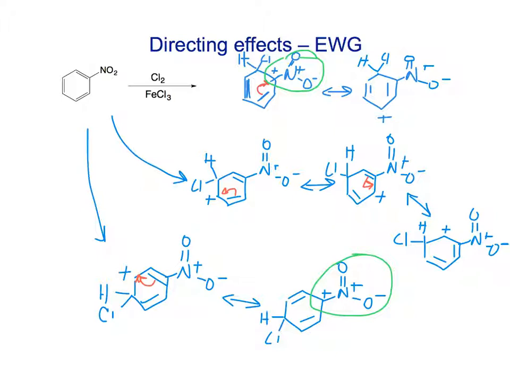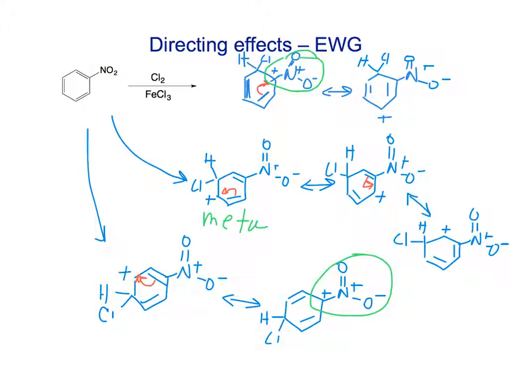group. And so in this case, for the electron withdrawing groups, it's not that we're going to look at specific resonance forms and say, oh, that one's super stable. In this case, we're looking at these two examples are the least, well, the meta one in the middle is the least bad. Because all of these are going to be somewhat destabilized because we're pulling electron density away from a carbocation.